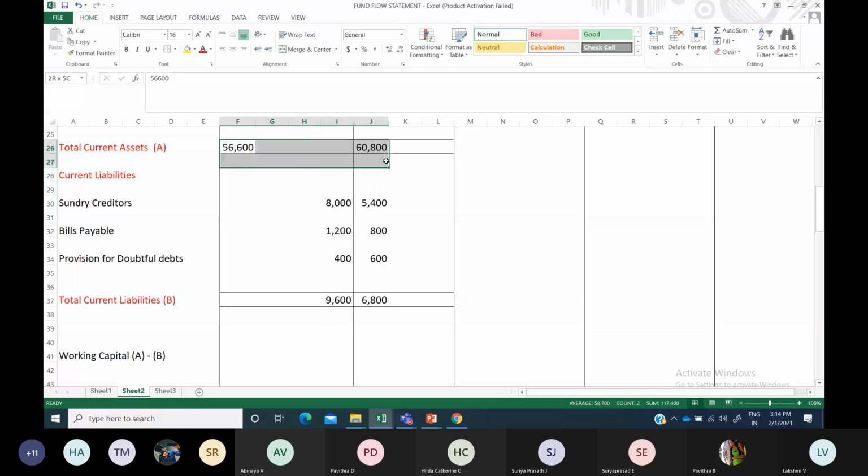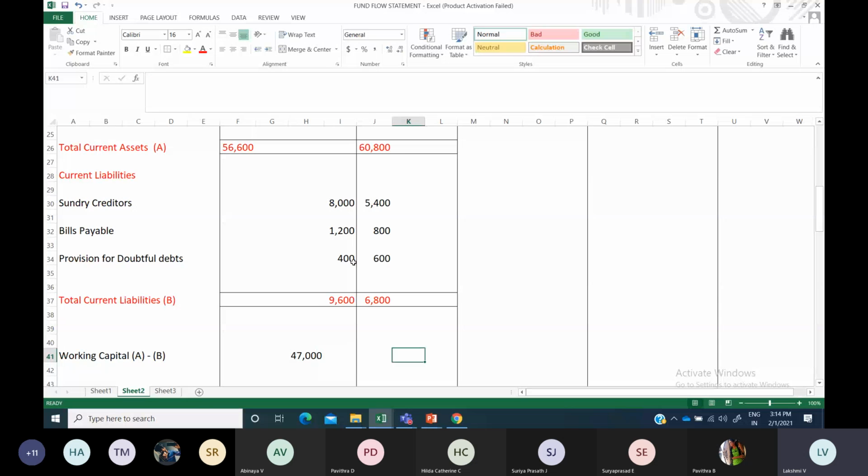56,600 minus 9,600. So just find out how much you are getting. 47,000, I think so. Similarly, here also 60,800 minus 6,600, 54,200 I think so.